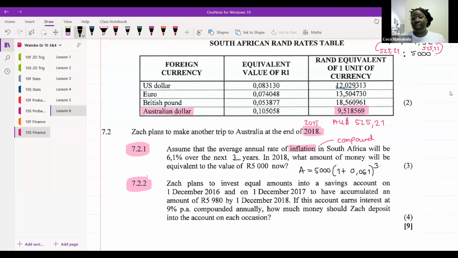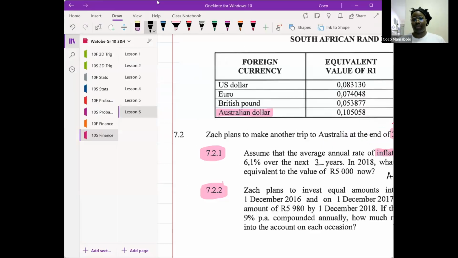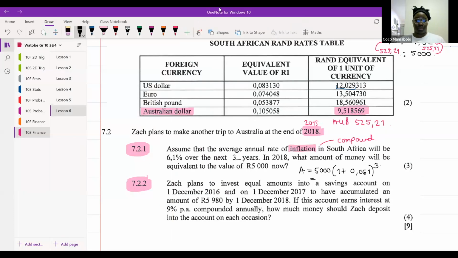And what answer do we get, peeps? Beautiful, Pascal. 5971.95. Good, that's it. So that was easy enough.